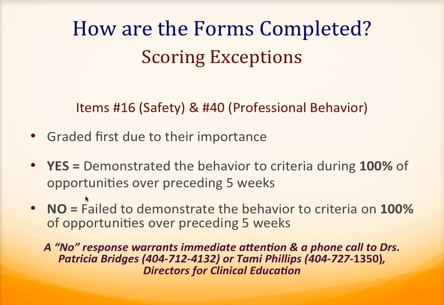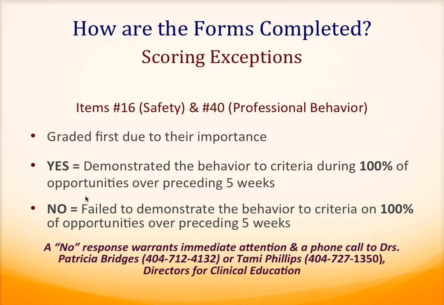In order for the student to score a yes on these two items, he or she must meet criteria on 100% of opportunities over the preceding 5 weeks. A no score is appropriate if the student has failed to demonstrate the behavior to criteria on 100% of opportunities.